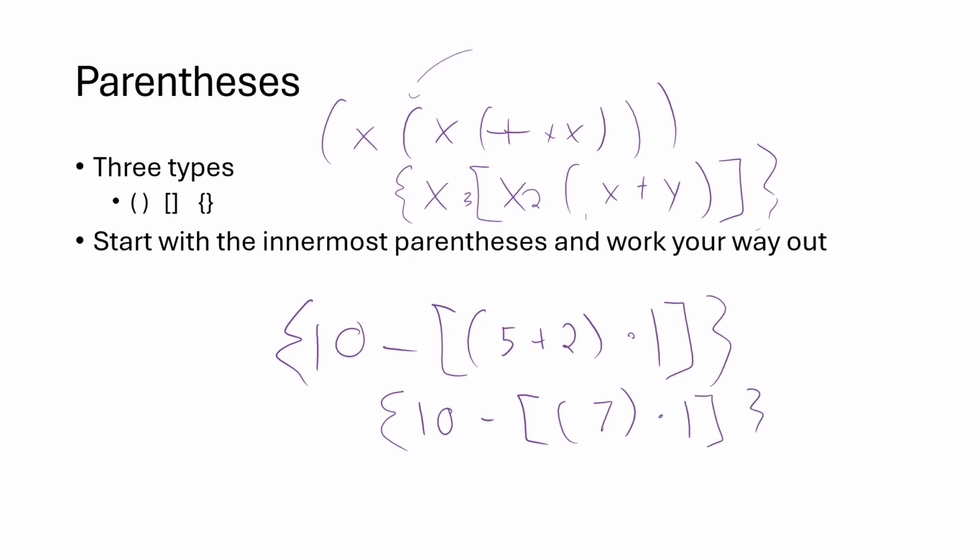First you solve the first parenthesis, and once we get 7, you can get rid of this parenthesis and work on the second parenthesis, the bracket. Then you get 10 minus 7, which lets you erase this bracket, and 10 minus 7 gives us 3. You could very easily mess up by doing your operations or parentheses wrong, so be very mindful of the types of parentheses and how they work.